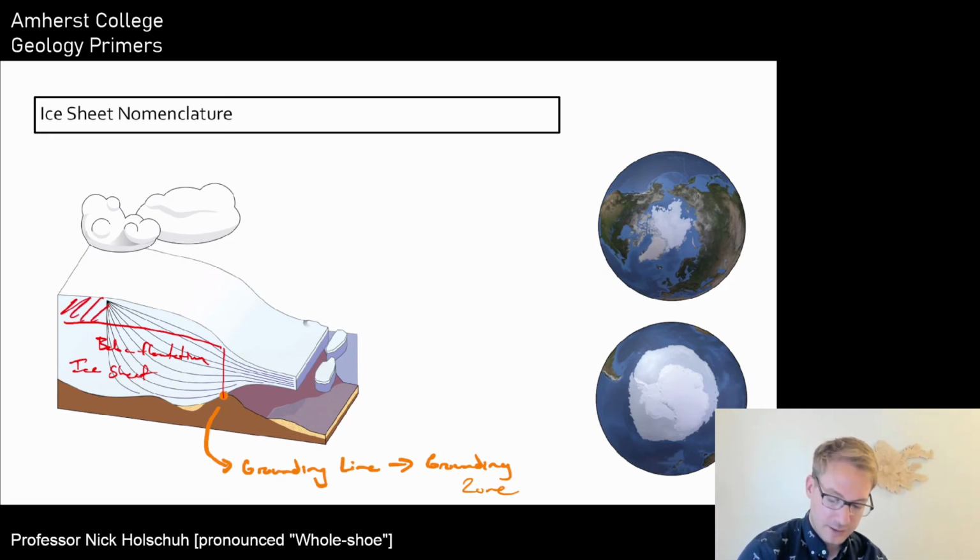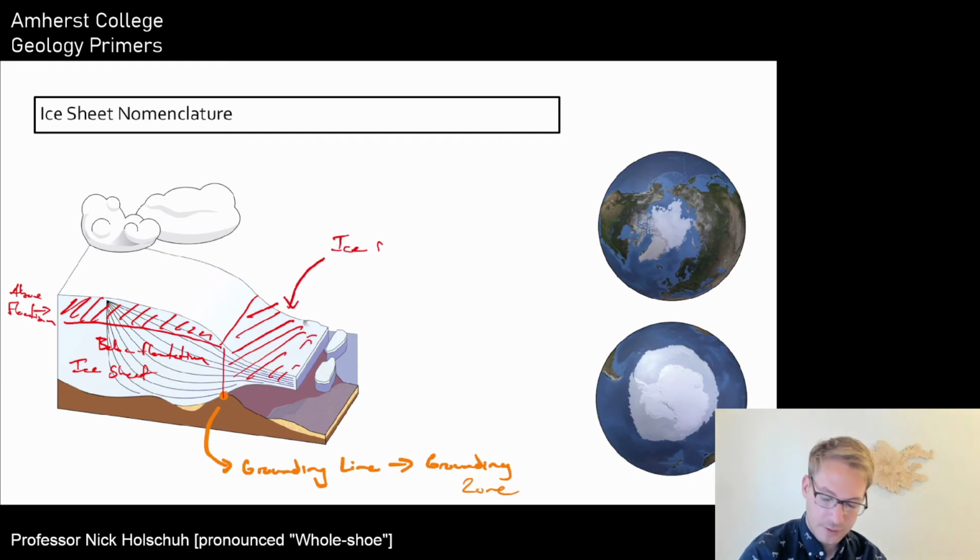And some of it is ice above flotation, the ice that has a potential to contribute to sea level rise. This floating extension of the ice sheet that sits all the way out here, we call that thing an ice shelf.